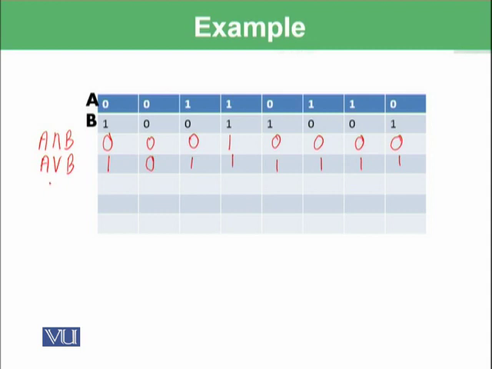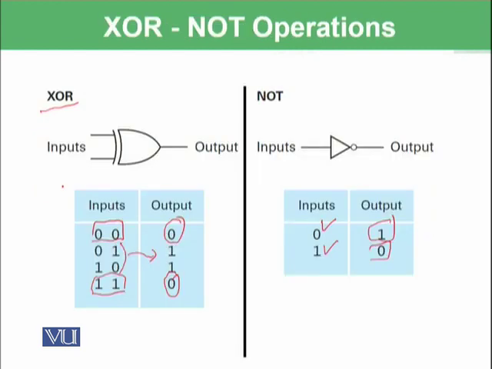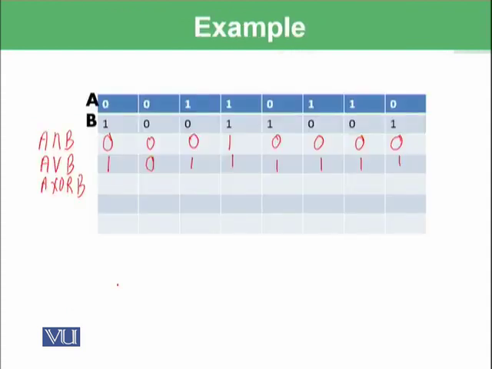And then if we want to perform A exclusive OR B, you have learned in exclusive OR that when both inputs are the same, it produces 0. So can you see where both inputs are the same? Here both inputs are the same and none of the other inputs are the same. They are different, so it will produce 1 for all other inputs.